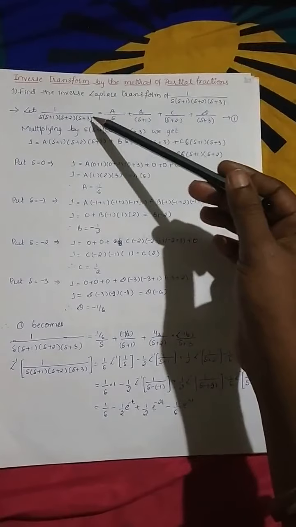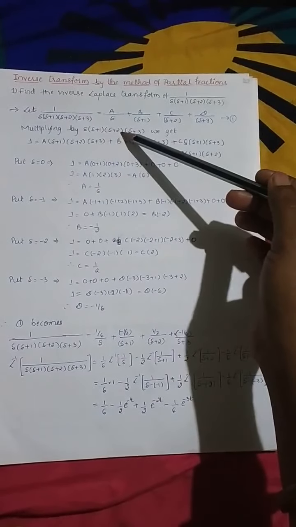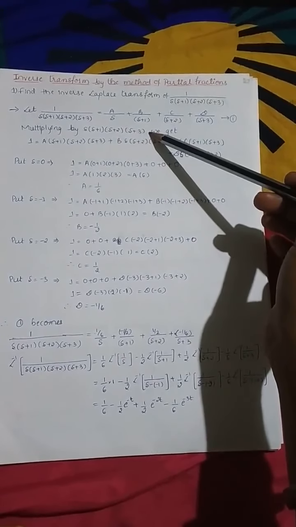Now let us multiply LHS and RHS by s into bracket s plus 1 into bracket s plus 2 into bracket s plus 3.